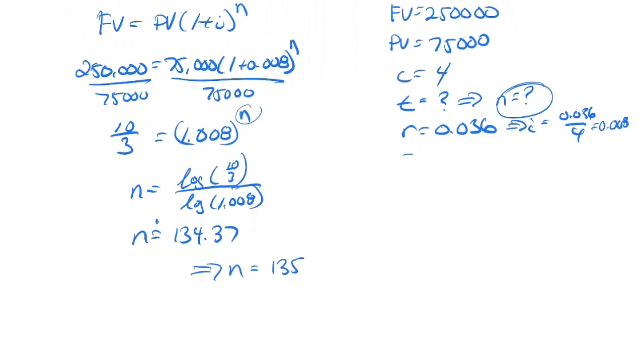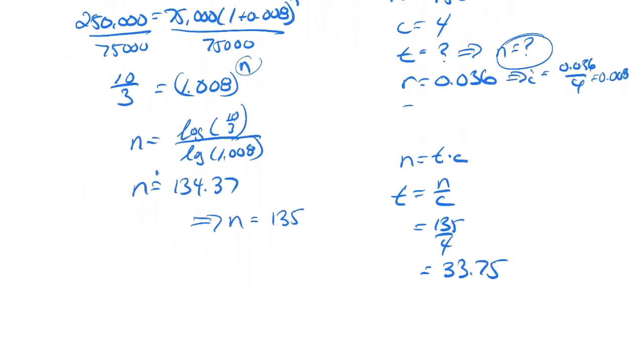So we can go back to the other formula. The original formula was n is equal to t times c. So t is going to be n divided by c. In this case, it's going to be 135 divided by 4, which is 33.75. So I have to wait.